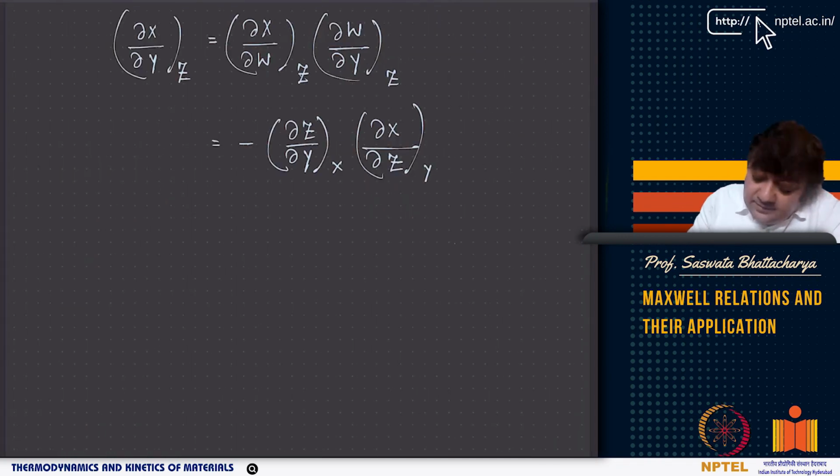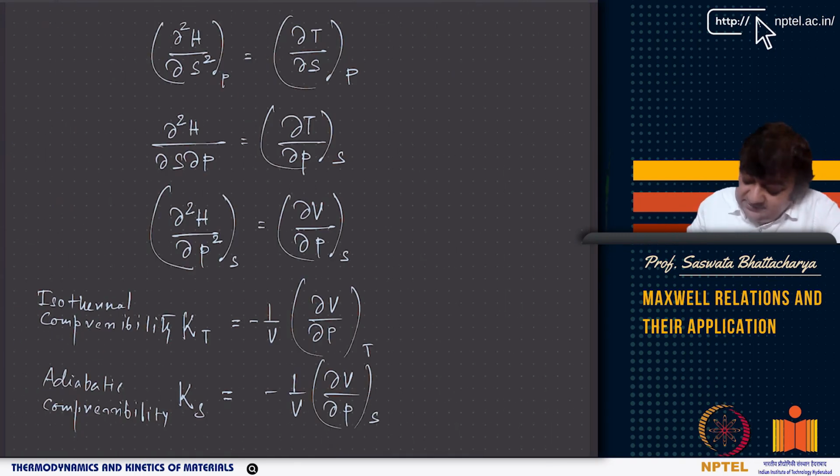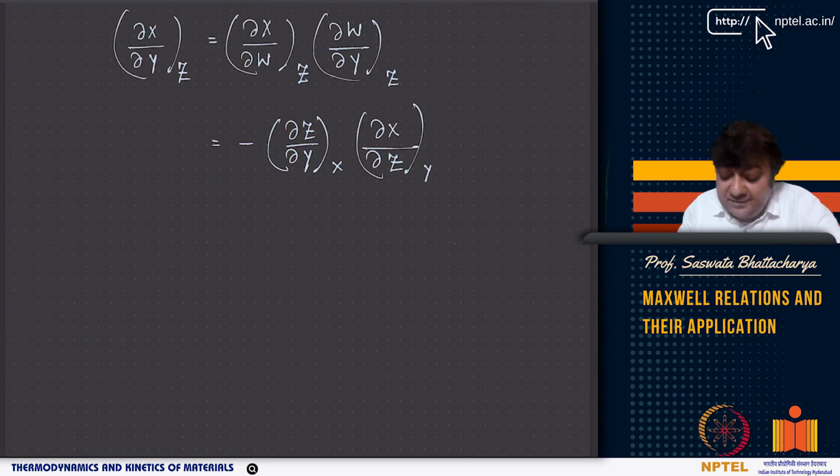How? First of all, if I want to use these relations, we have to use some properties of derivatives. One property that we immediately can see is that (∂x/∂y) at constant z can be written as (∂x/∂w) at constant z times (∂w/∂y) at constant z. We have some variable called w, so ∂x/∂y is replaced by ∂x/∂w.